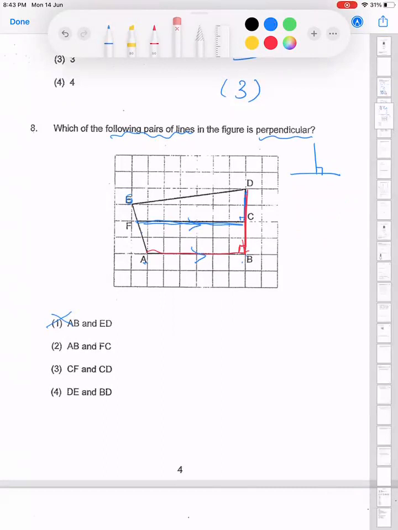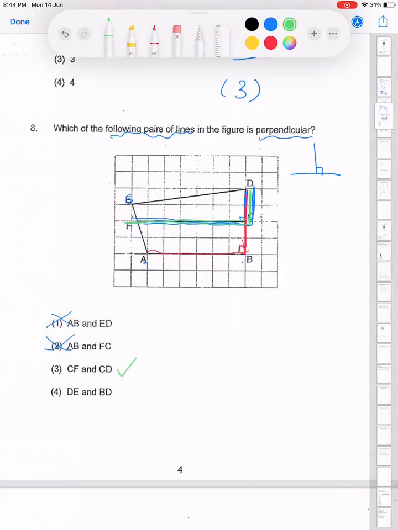We're looking for perpendicular. Okay, that's also wrong. C to F, C to D. You see it? Yeah, this looks right. Let me show you. So C to F is here, to C to D here. So this looks correct. Let's take it for now.